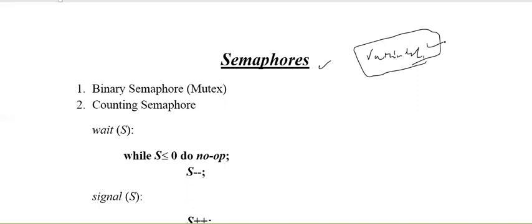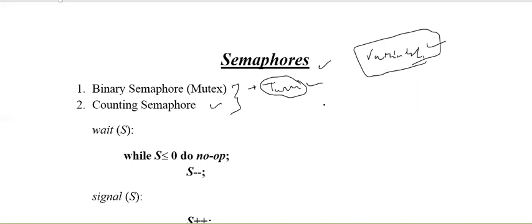There are two kinds of usage of semaphore. One is known as binary semaphore and the other one is counting semaphore. Binary semaphore is just like the variable turn, as we had picked earlier.